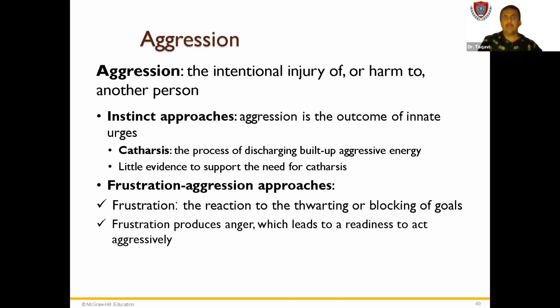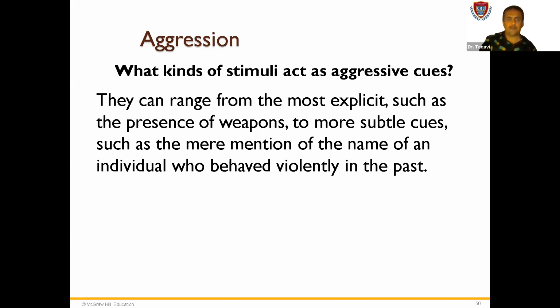And we find the phrase catharsis, which was coined, I think, by Sigmund Freud. It is the process of discharging built-up aggressive energy. There is little evidence to support the need for catharsis. And in frustration-aggression approaches, we look at the reaction to the thwarting or blocking of goals. Frustration produces anger, which leads to a readiness to act aggressively.